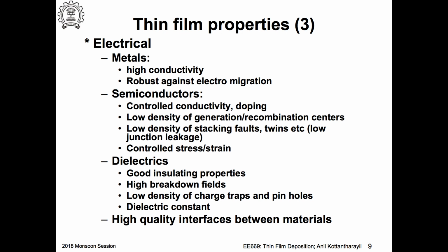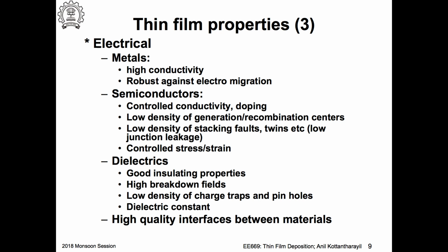Another very important consideration is the high quality of the interface between materials. If I have silicon dioxide deposited on silicon, for example, for gate oxide applications, you would like to have an extremely good quality interface. I think in a previous lecture we discussed what is meant by a good quality interface.